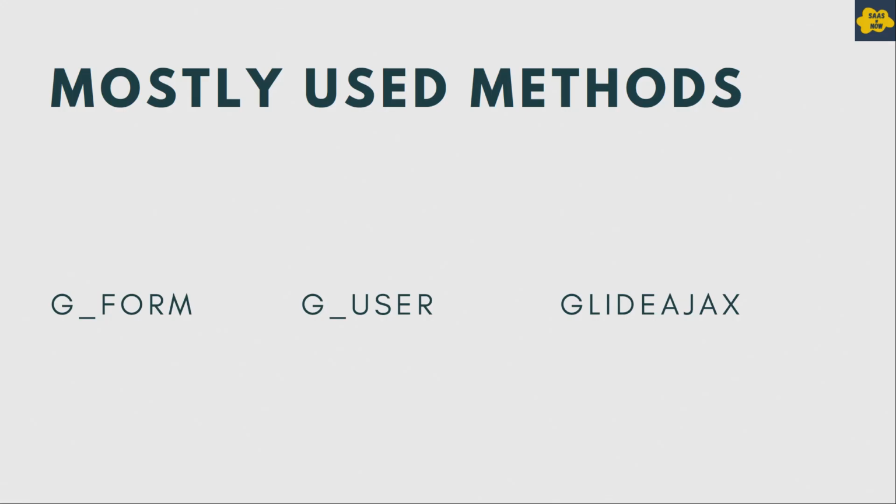ServiceNow provides a lot of APIs and methods, which you can use in client-side code. Additionally, you can use them in client scripts as well to perform some action on the client. And the major APIs we have are G_form, G_user, and GlideAjax.